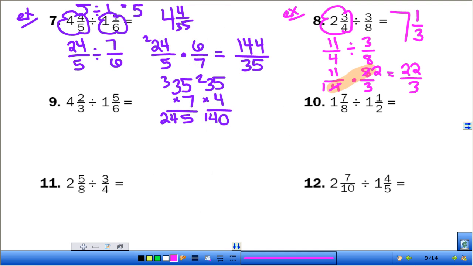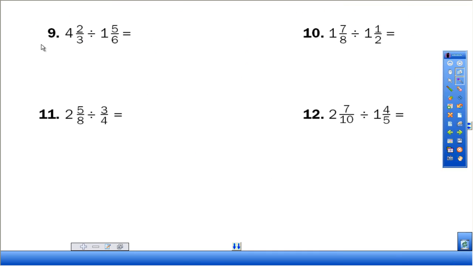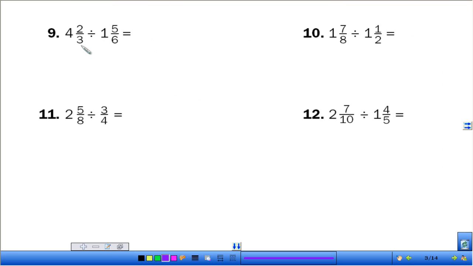Go ahead and finish these on your own. So the first one, 3 times 4 is 12, plus 2 is 14 over 3. Divided by, we get 6, plus 5 is 11 over 6.